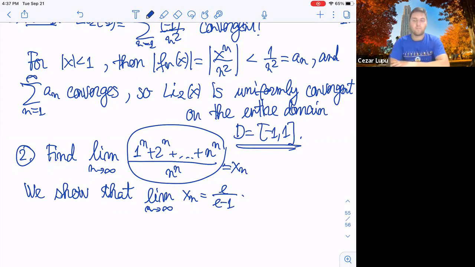As you can see, I cannot apply the Cesàro lemma because it depends on n, so there is nothing I can do. So I should do something else.